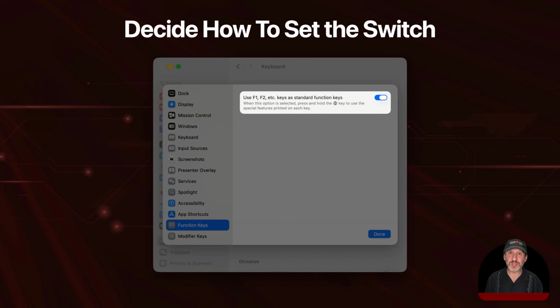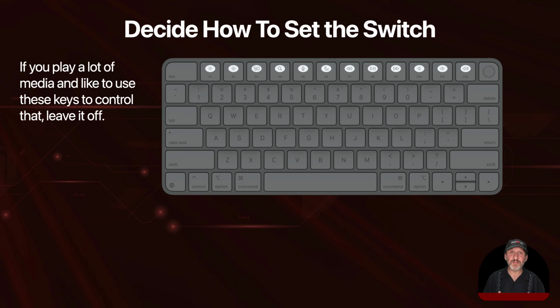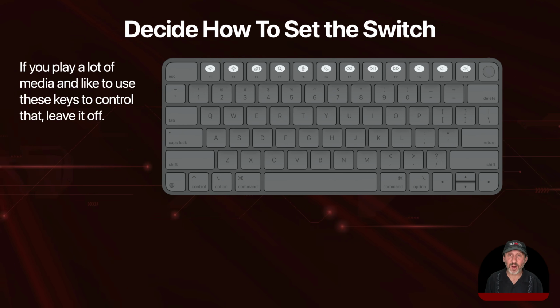So one thing all Mac users need to do is decide whether this switch in system settings is turned on or off. If you play a lot of media on your Mac and you find it useful to control media and the volume, then you may want to have this switch off so that these keys can just simply be pressed by themselves to play and pause video and audio, and the volume controls can be used without that globe or FN key at all.